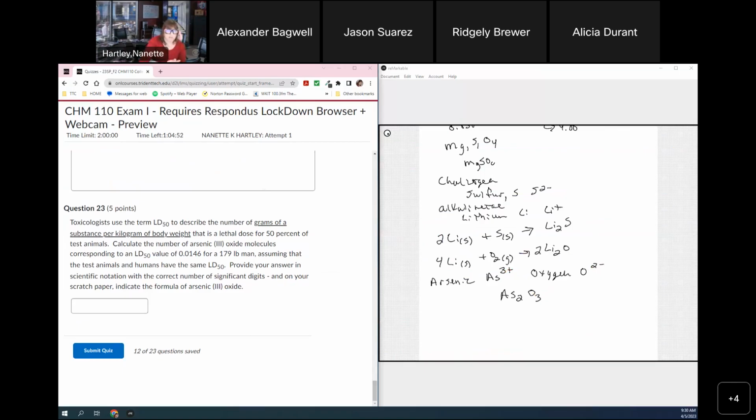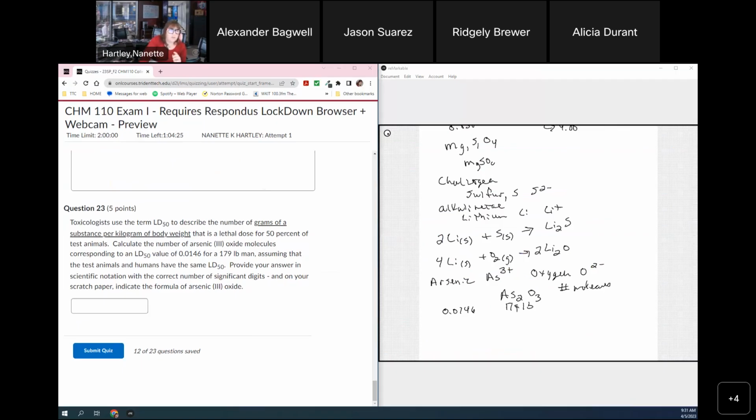All right, I got that part. Now, I need to calculate the number of those that correspond to an LD50 value of 0.0146 for a 179-pound man, assuming the test animals are the same.